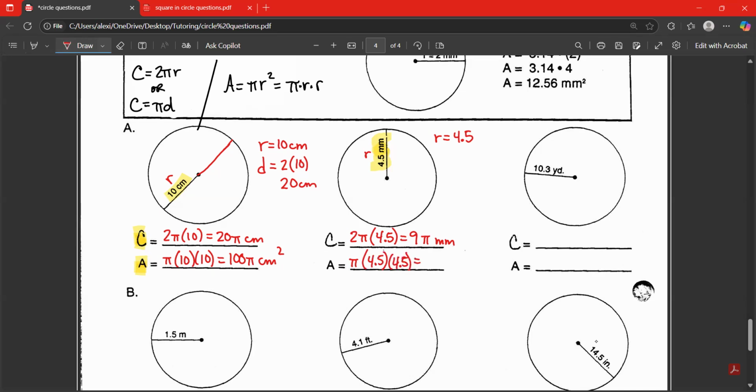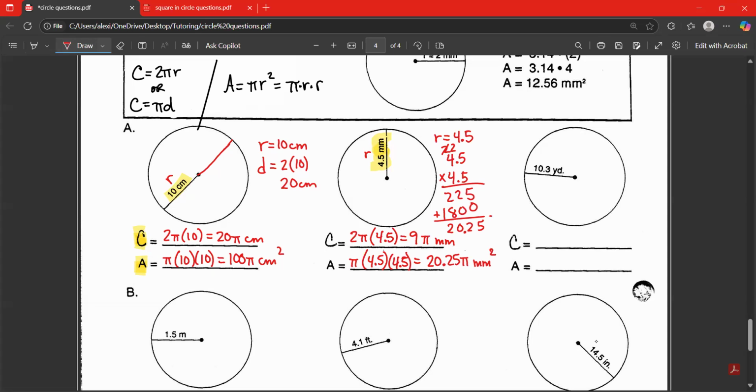So let's do a little multiplication. 4.5 times 4.5. Let's see what that comes out to be. Well, do a little work. And we get 20.25. So this is 20.25 attached to the pi millimeters squared.